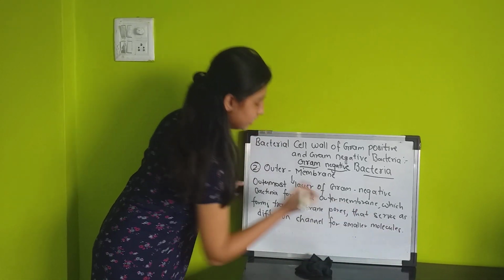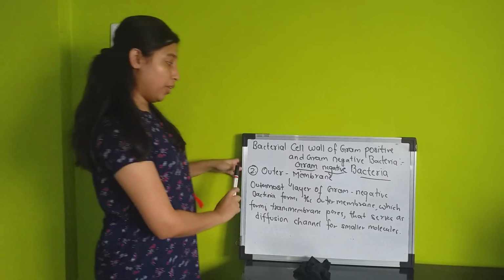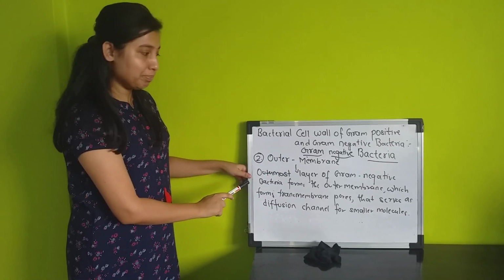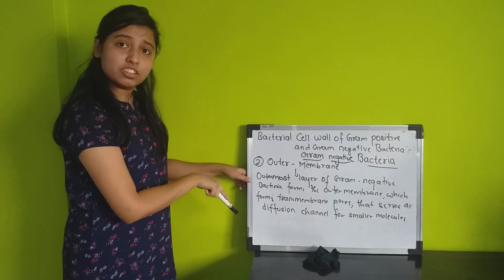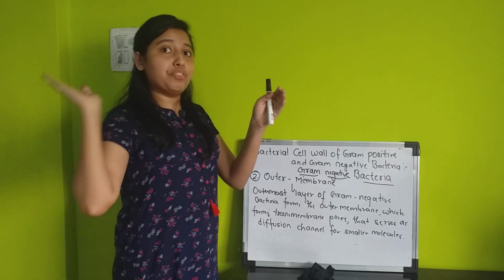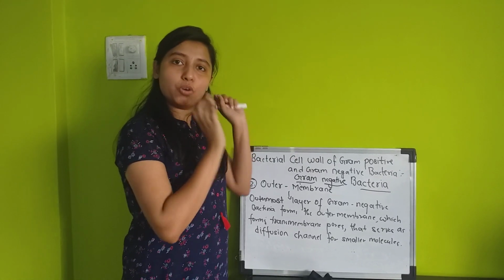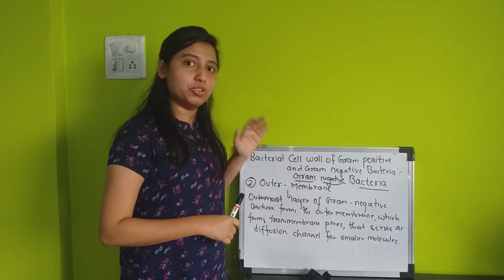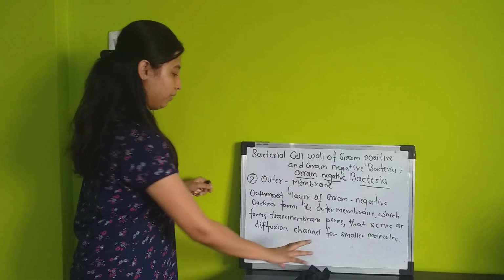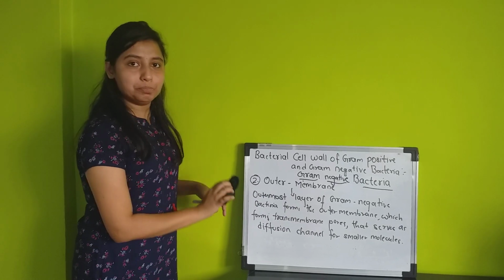Again, the outer membrane is the outermost layer of gram-negative bacteria, which forms transmembrane pores that serve as a diffusion channel for smaller molecules rather than larger molecules. So this is all about the outer membrane.